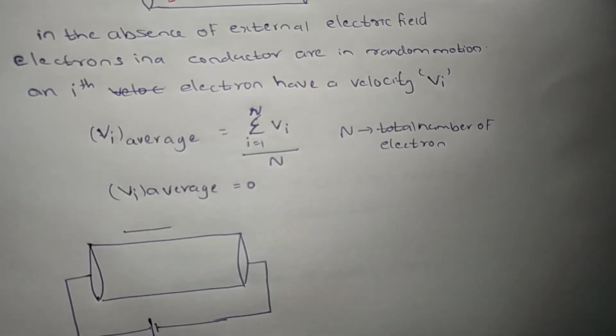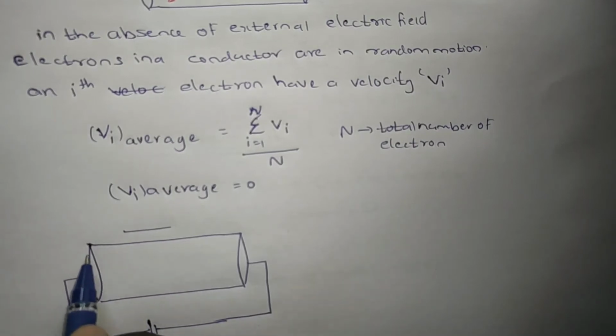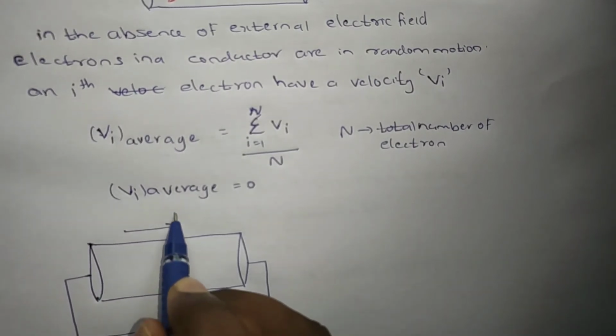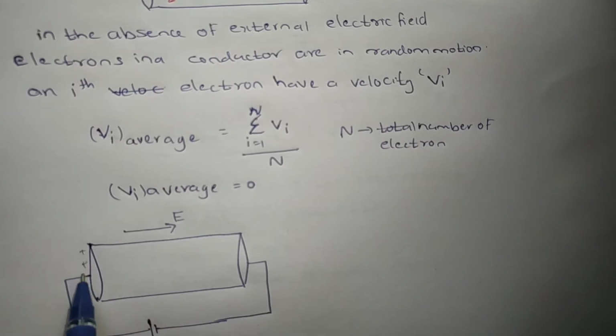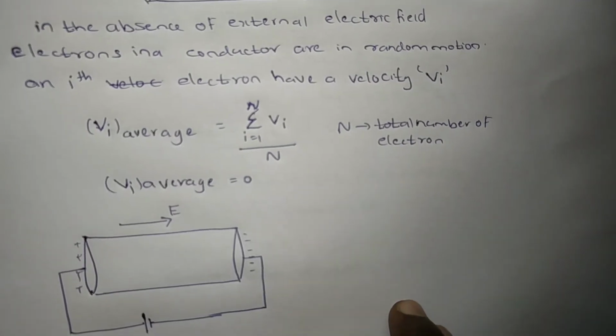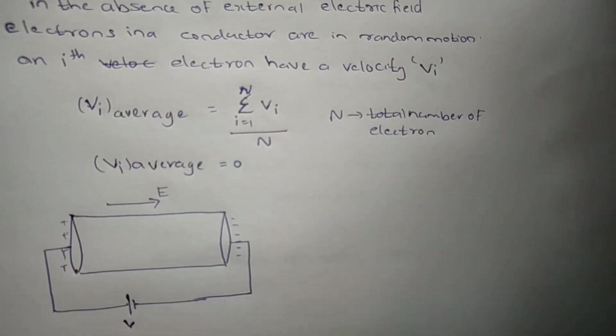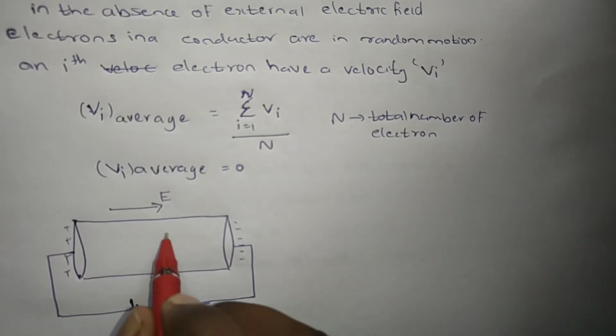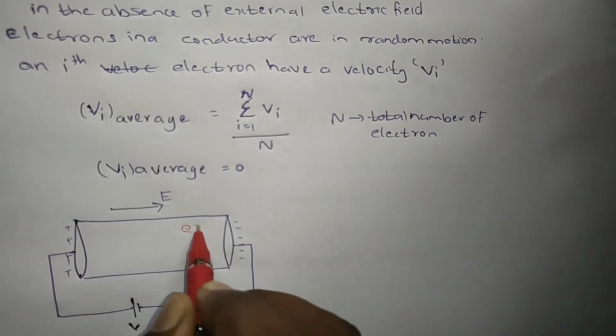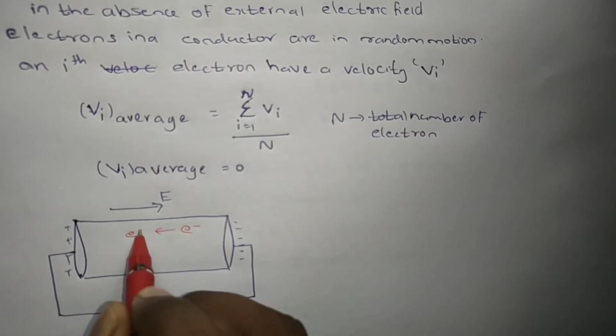This potential difference will produce an electric field in this direction, because here all positive charges and here all negative charges will come. Due to this, the electrons will be shifted towards this direction.